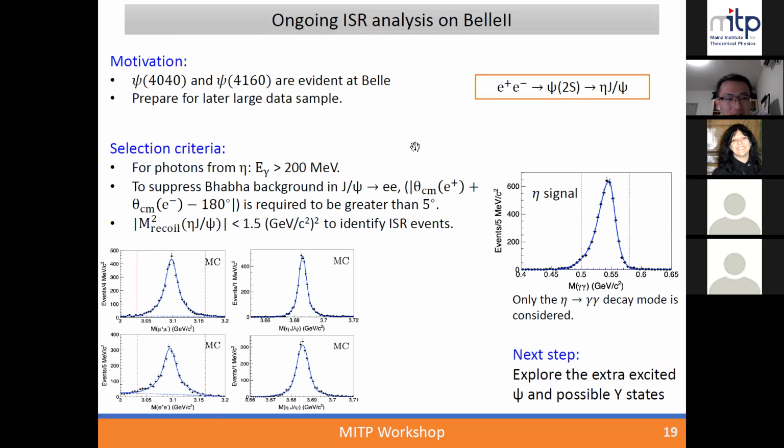So here we just prepare the analysis and prepare for the later large data sample. Some kinematic distributions from the signal collider are shown in the bottom left plot, and the eta signal, also from the collider, is shown in the red plot. So next step, we'd like to explore the excited psi and possible Y states in this process.